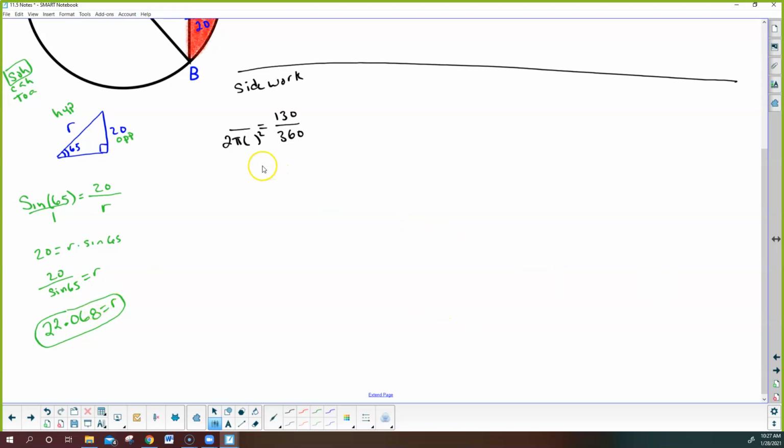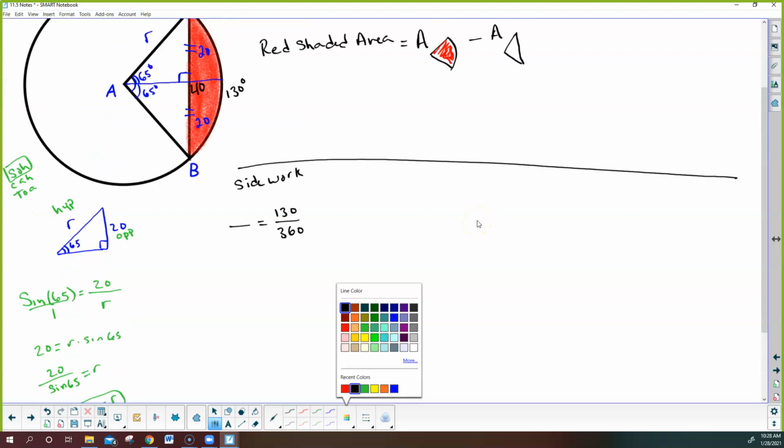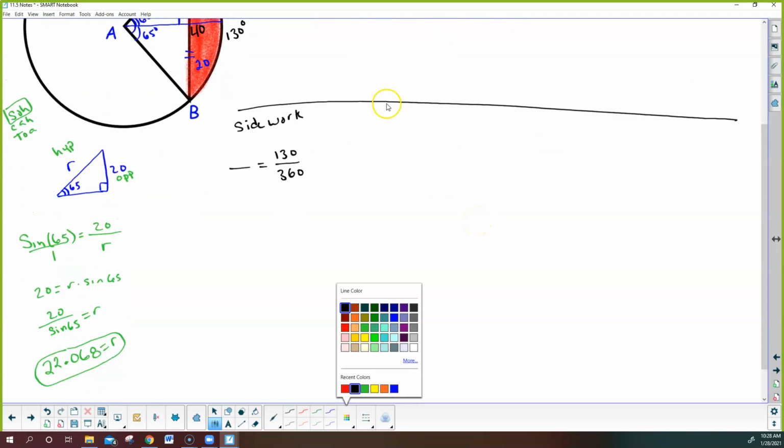All right, so all of that work allowed me to find the radius, and I clearly did not leave myself enough room to put in that number. And I actually put the wrong thing down there, so good thing I had to check that. We're doing the area of the red segment, and that's pi r squared.